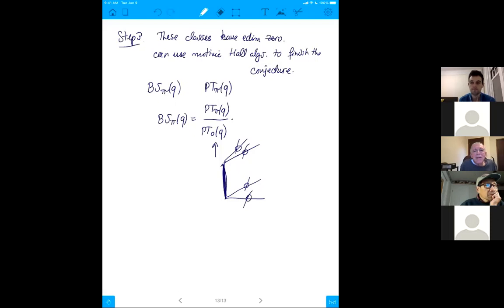And by the way, this PT story from the very beginning is non-refined, it's enumerative invariants. And I understand that Bryan-Steinberg is too. What about the refinement?